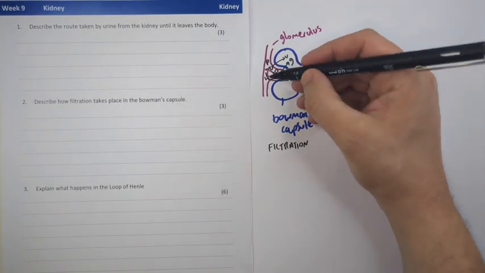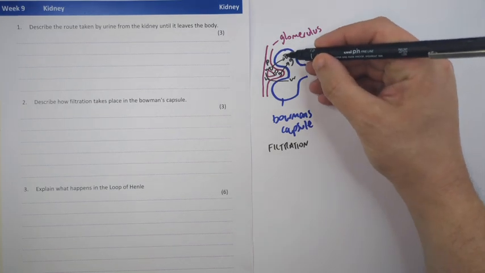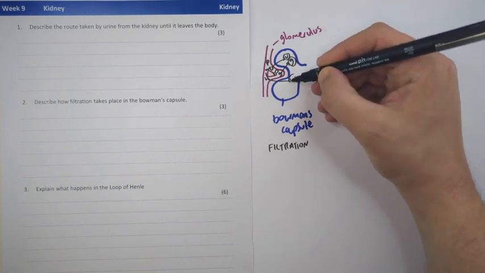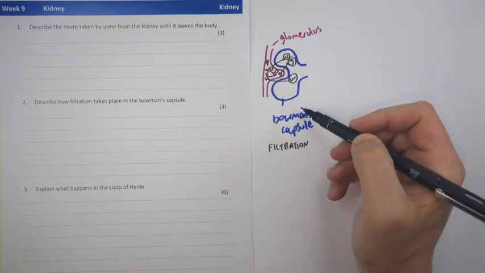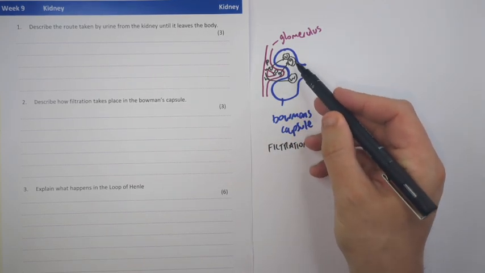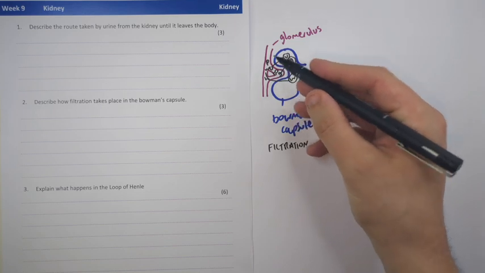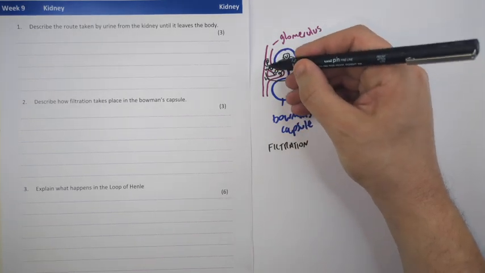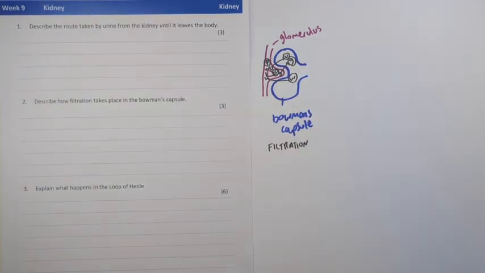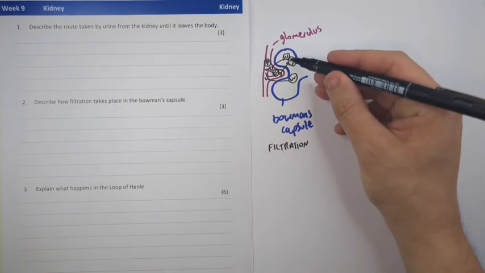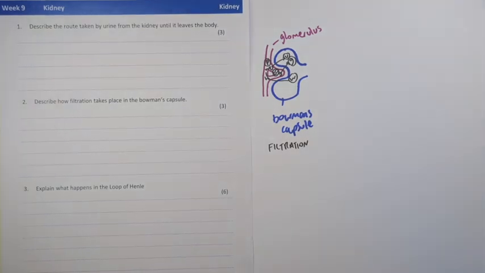Urea, glucose, and water are filtered out of the glomerulus and into the Bowman's capsule because they're small molecules. Red blood cells and proteins, and hormones, which are proteins, are too large to diffuse through.